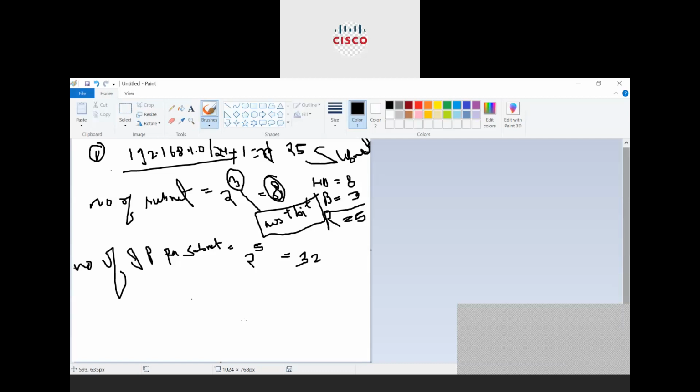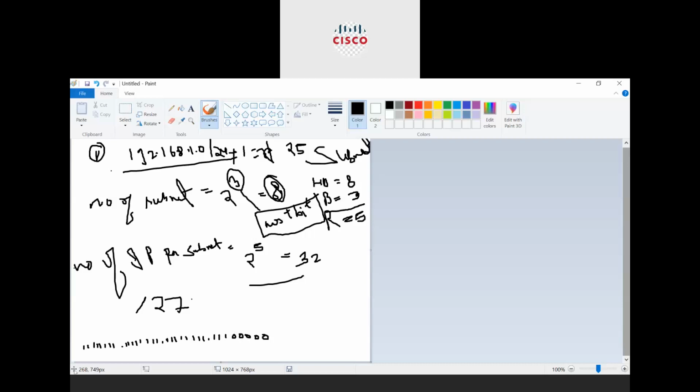So this is the subnet mask for /27. Simple. 1 to 8, 1 to 8, 1 to 8, plus 24, then 25, 26, 27, and then the remaining bits are 0.